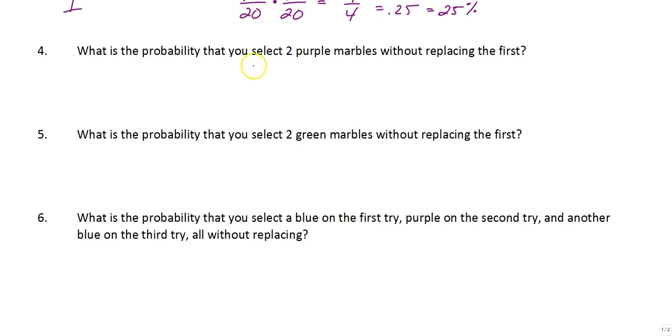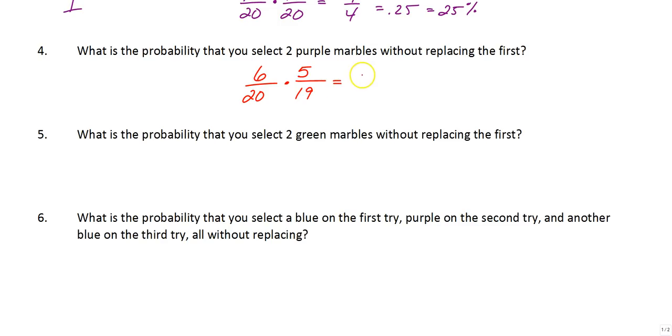So what's the probability that you select 2 purple marbles without replacing? Okay, so there are 6 purple marbles. So the first purple marble is 6 out of 20. Now you just set the purple marble aside. So there's only 5 left in the bag, and there are only 19 total marbles left in the bag.